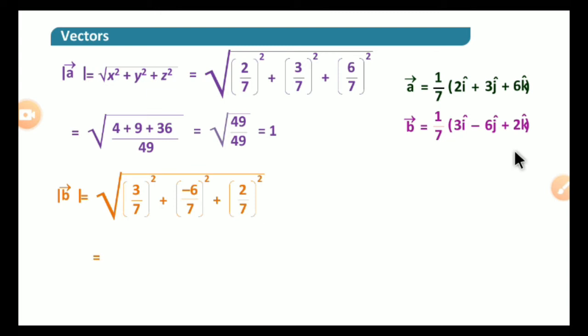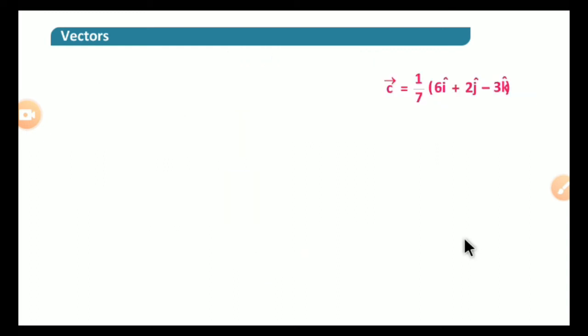After simplification, again we have 49 in the denominator, and in the numerator 3 squared is 9, plus (minus 6) squared is 36, plus 2 squared is 4. So it is the square root of 49 by 49. Again the square root of 1 is equal to 1.